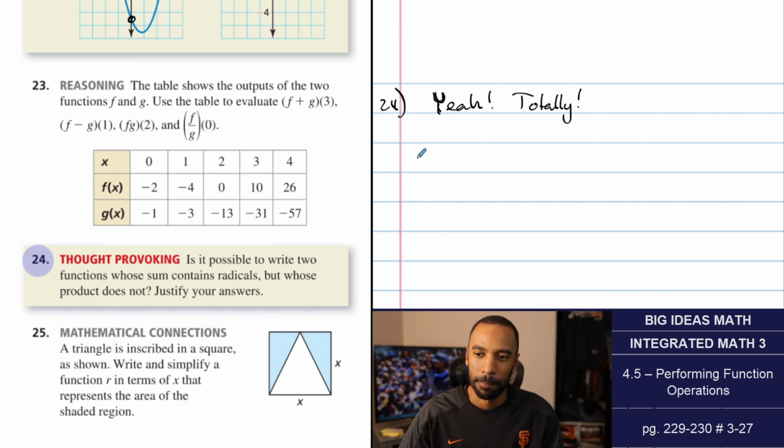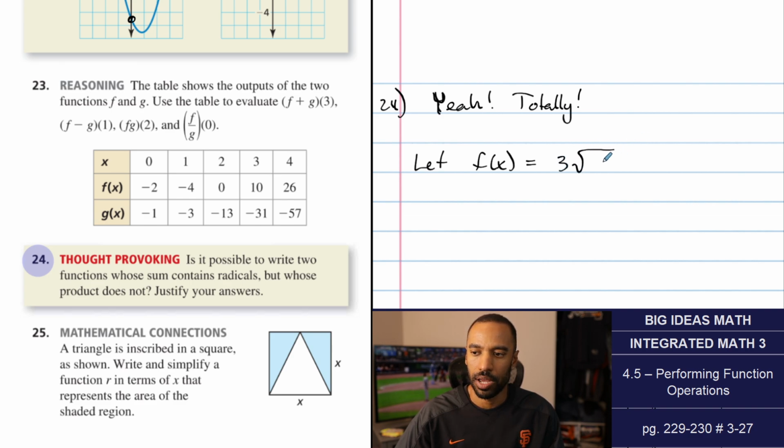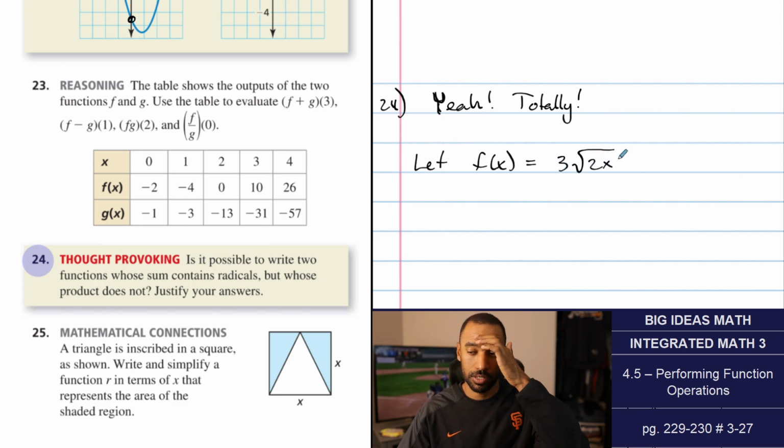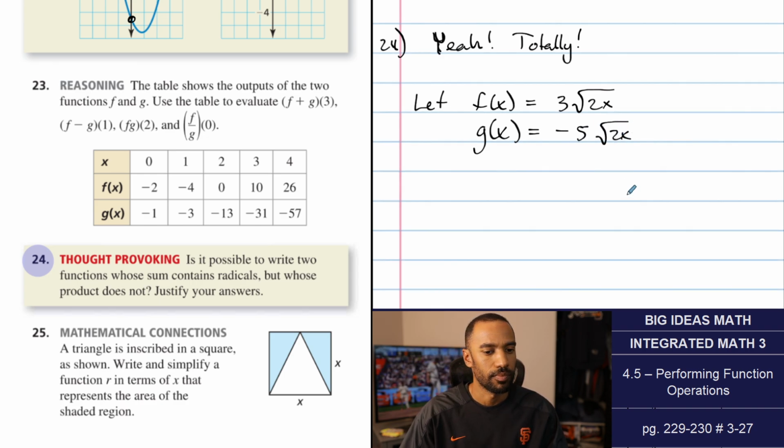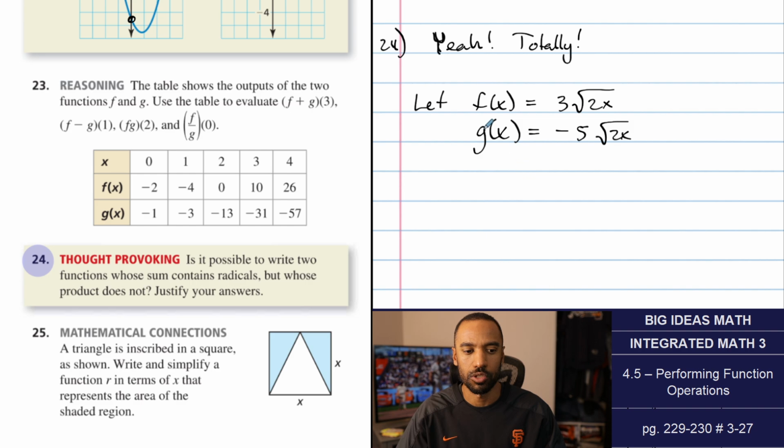Let f of x equal 3 times square root of 2x, and let g of x equal negative 5 times square root of 2x, whose sum contains radicals, whose product does not.